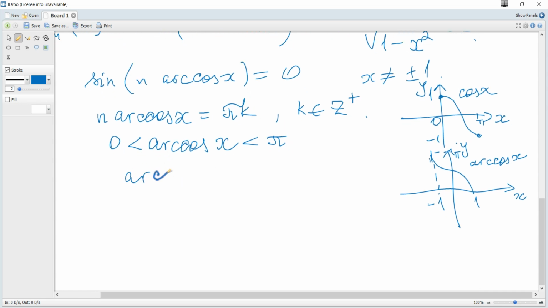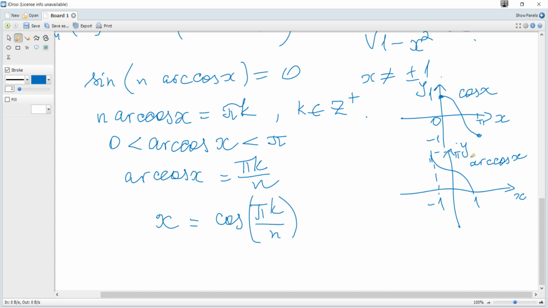And arc cosine of x is pi k over n, and then applying cosine on both sides, cosine of arc cosine is just x, so x is cosine of pi k over n.